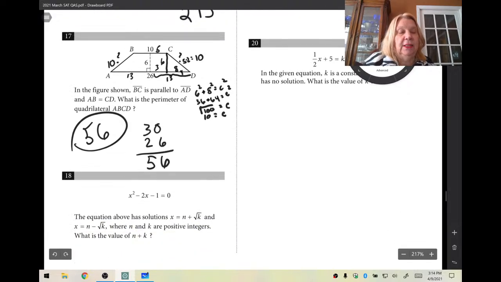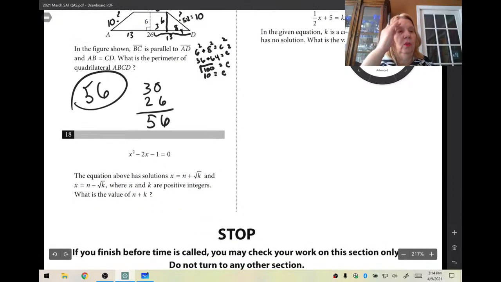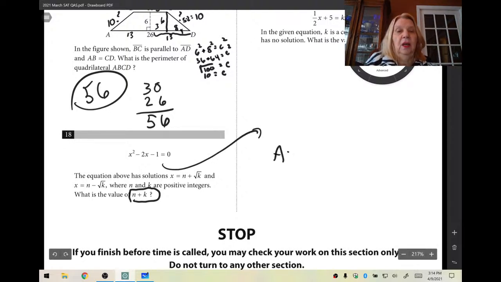Now we're doing 18. So in the quadratic formula, I mean the b squared minus 4ac, you have to know. So let's look at the prompt. We want to get n plus k, which is the reduced value under the radical. So let's just do this over here since we have a lot of space. A is 1.